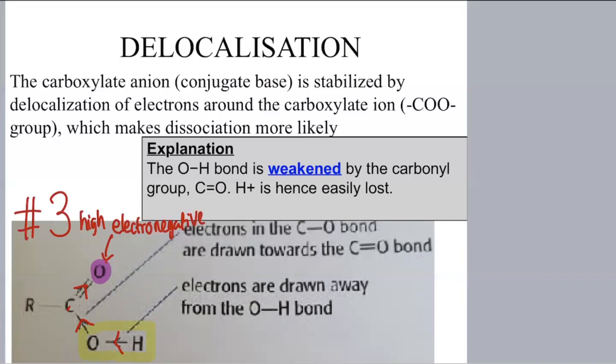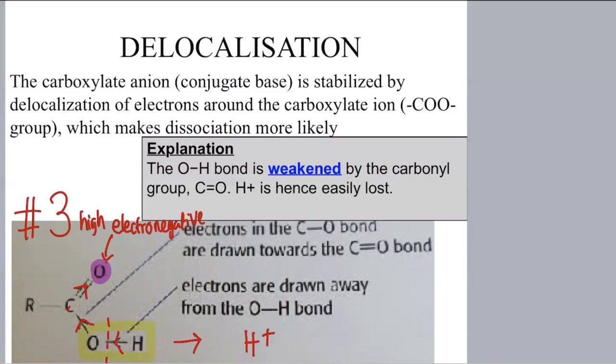When you take electron density away from a bond, the bond becomes weaker. Because the bond is now weaker, it is easier to break the OH bond, and then you release H plus easily. When you have more H plus, it is more acidic.